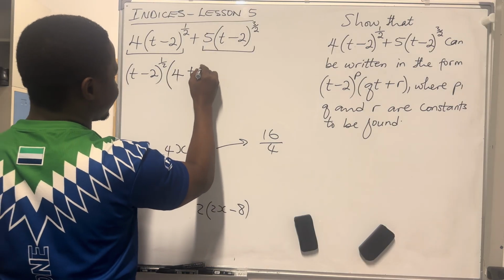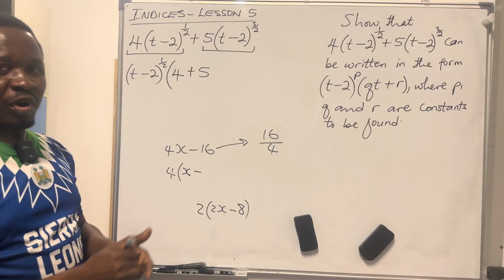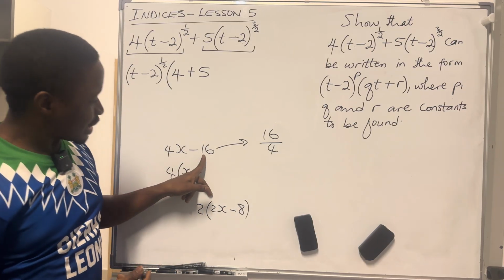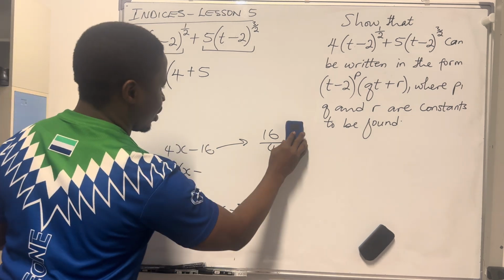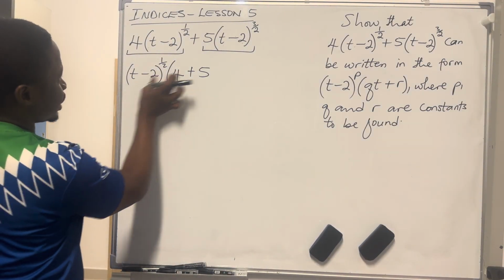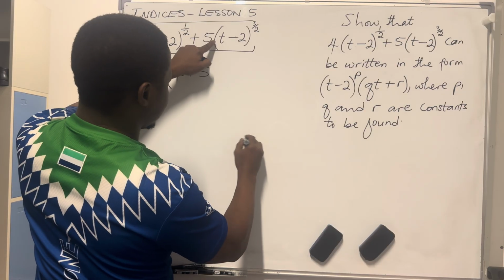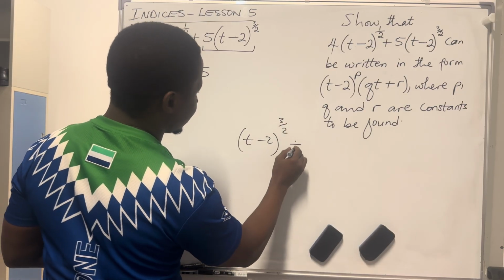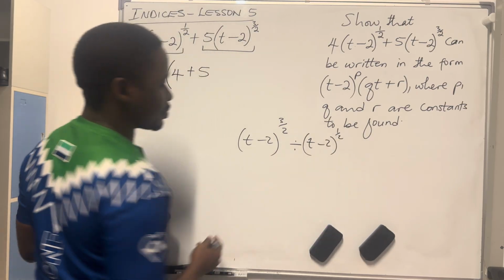We can write the 5. But this into this, how many times? For you to know what to do is the reason I'm saying 4 into 16 is like 16 divided by 4. So this into this is this divided by this. So we say T minus 2 to the 3 upon 2 divided by T minus 2 to the half.